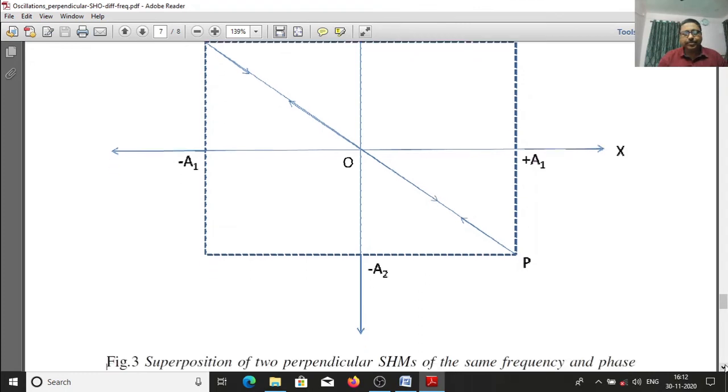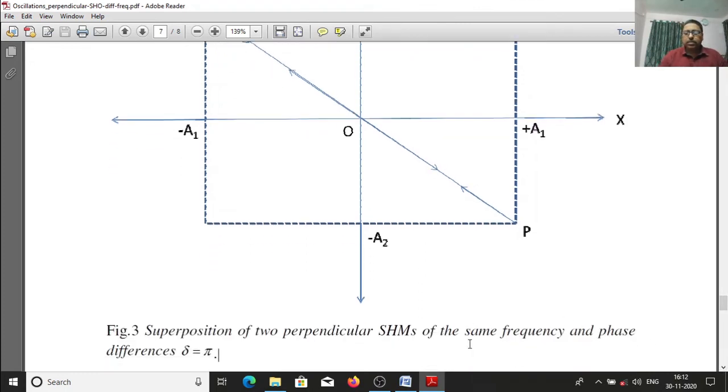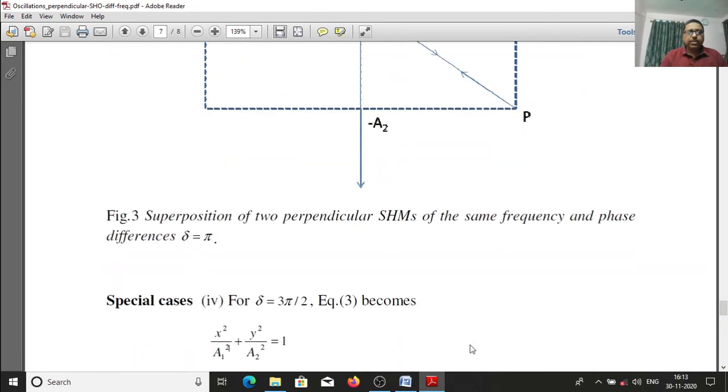Now the special case for delta equal to 3 pi by 2. What happens?